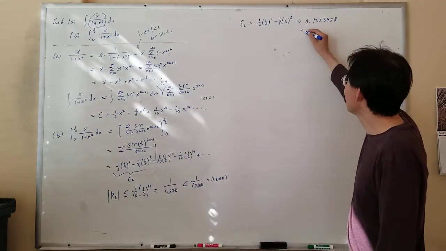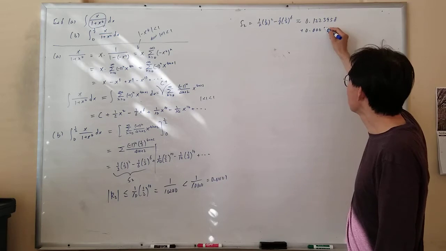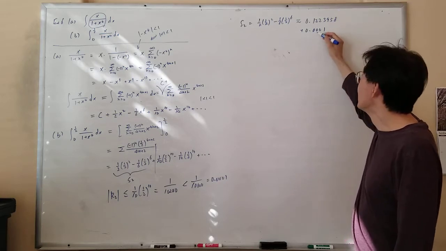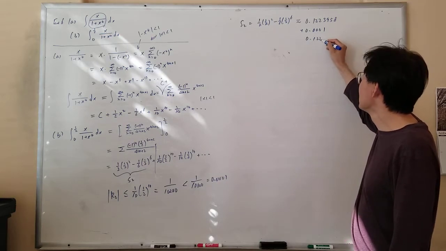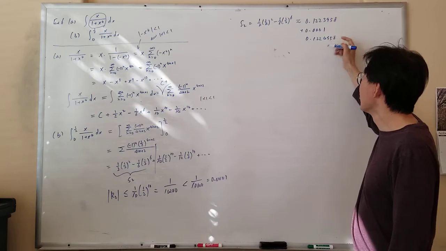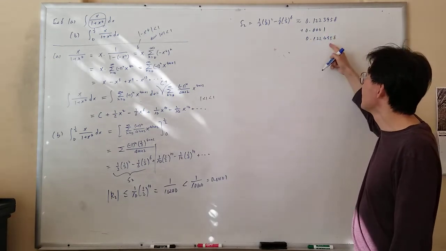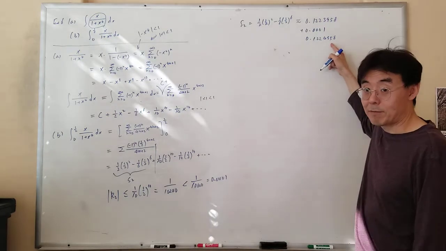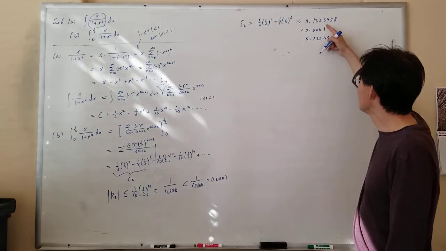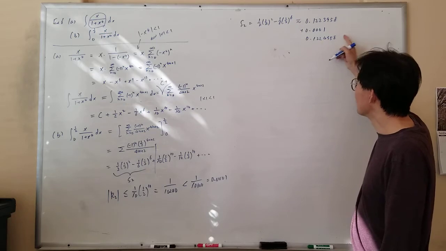Even if you add that maximum possible error, still it's going to be 0.12 4958. So our true value will be smaller than this, somewhere between here and here. So whatever, that will be 0.1223 something or 0.1224 something.